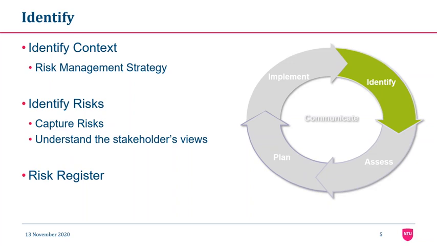And then we should put all of these risks in a risk register, which is a tabular structure that provides a home for every element of your risk management process. And we should describe the risk in terms of cause, event, and effect.